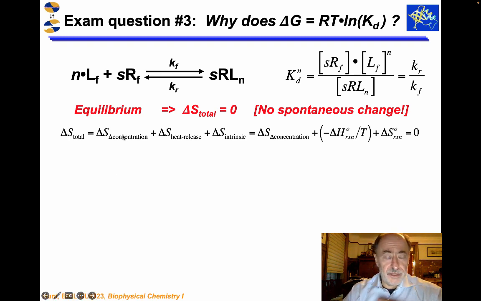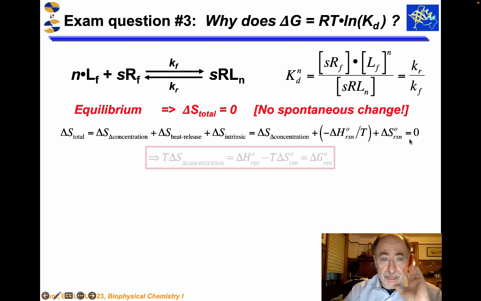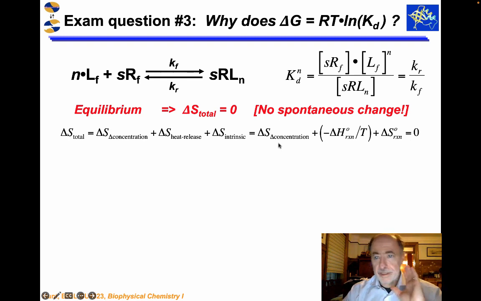So we're going to add up the entropy change due to the concentration change, the entropy change due to the heat release, and the intrinsic entropy change, and that gives us the total entropy, which has to be 0. So we're going to substitute the intrinsic entropy change as delta S0. The entropy change due to the heat release to the solution or the bath is negative delta H0 over T, given our sign convention.